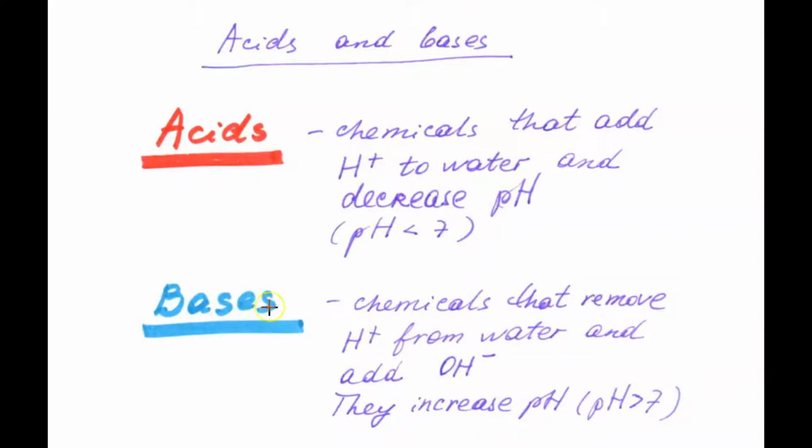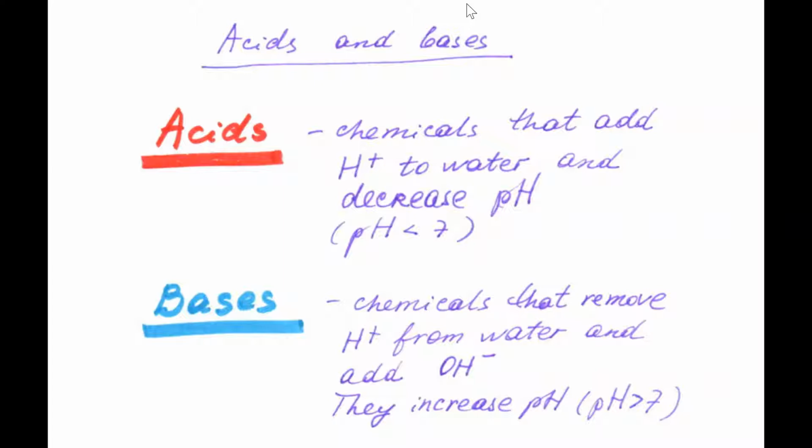So bases are chemicals that remove hydrogen ions from the water, and in addition, they will also add hydroxide ions to the water. And remember that hydroxide ions have opposite properties of hydrogen ions.